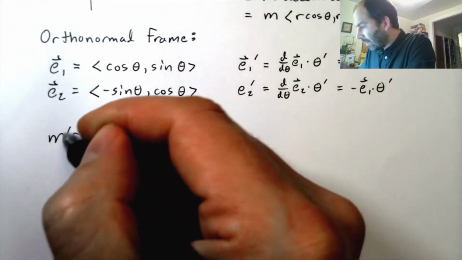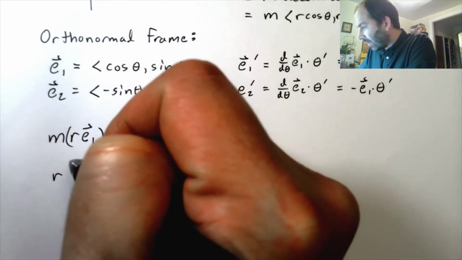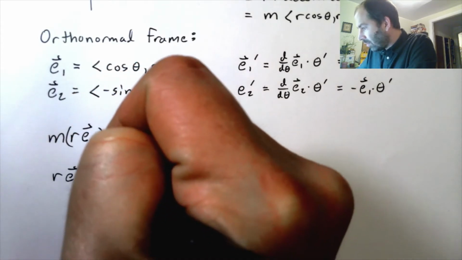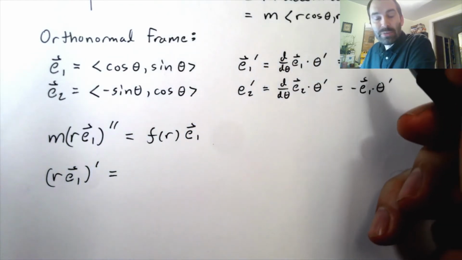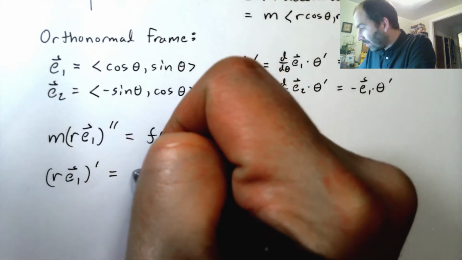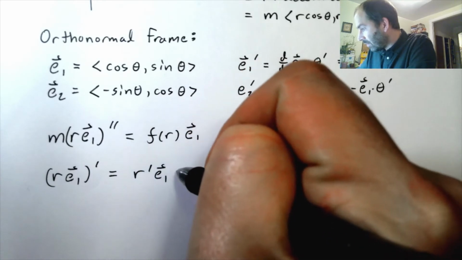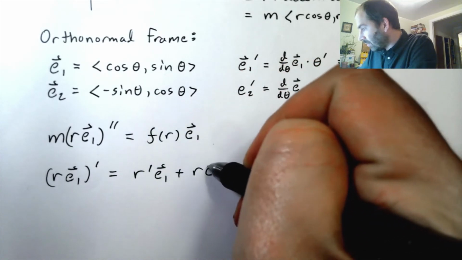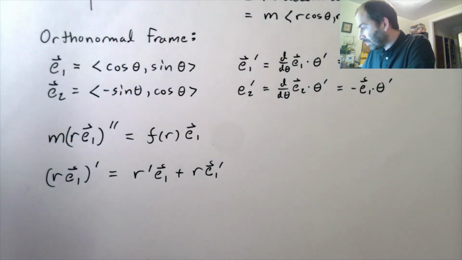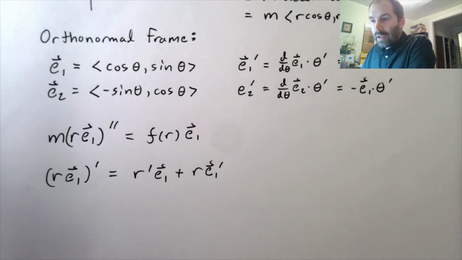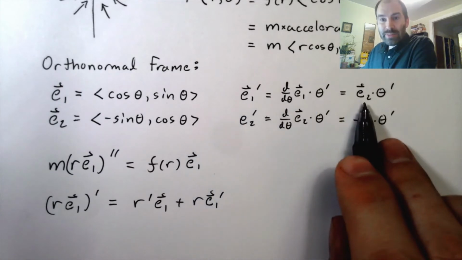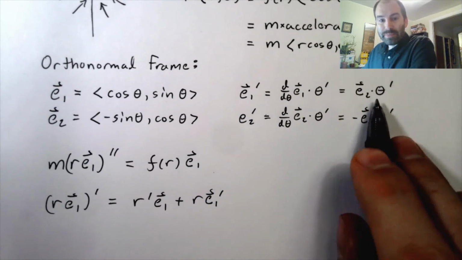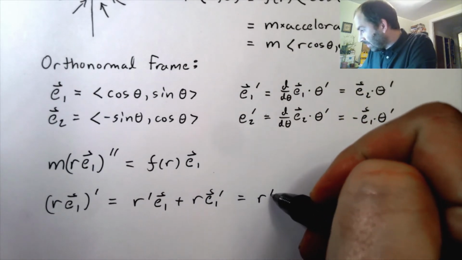The first thing I'm going to do is take one derivative of this and see what I get. That's just going to be the product rule. So I'm going to have r prime plus r times E1 prime. But we know that E1 prime, we established this relationship up here, is the same as E2 times theta prime.